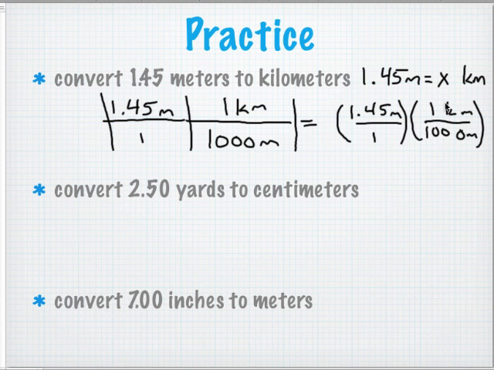Well, you multiply all the numerators together, you divide by all the denominators. So this bracket is really just a series of fractions put together. That is going to help us later on when we set up these brackets. So 1.45 times 1 divided by 1 times 1,000. So divided by 1,000. And we get 0.00145 kilometers.